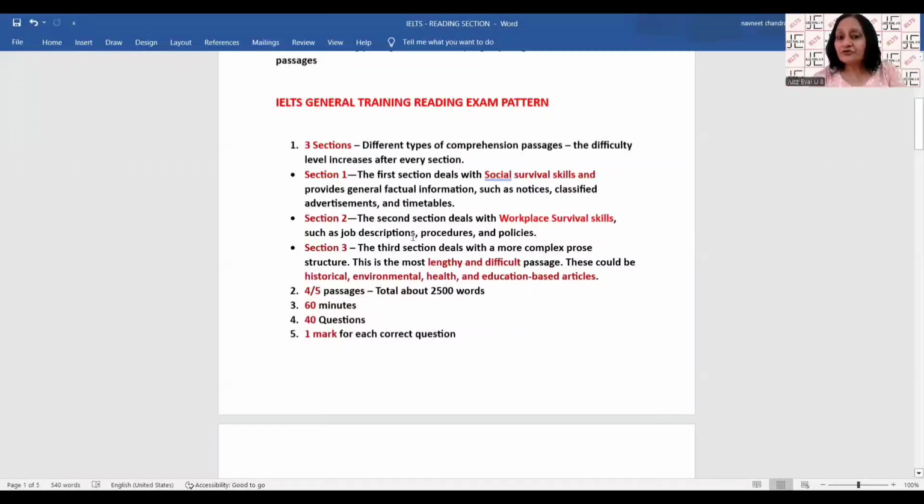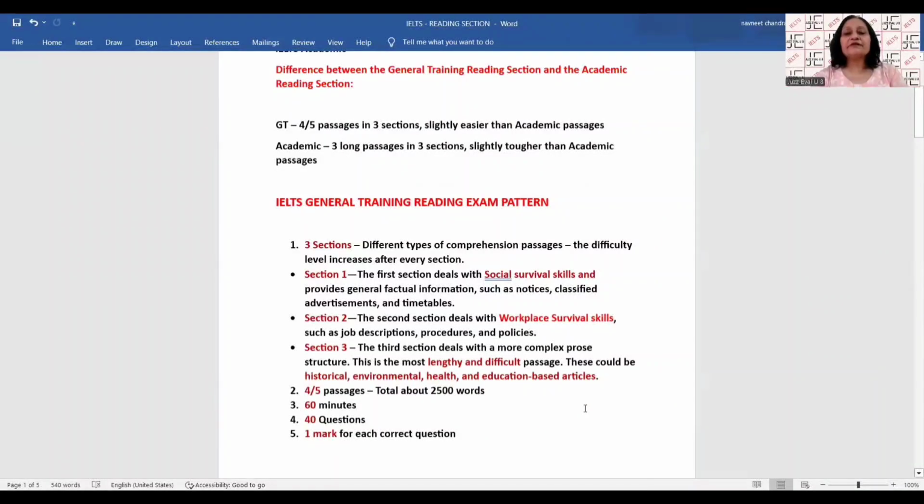Then in section 2, workplace survival skills like some job descriptions, there'll be some policies. So a passage will be on that, and you have to solve the questions based on this. The third section is the lengthiest and will have a difficult passage. Therefore, the time should also be divided accordingly, which I'll be discussing later.